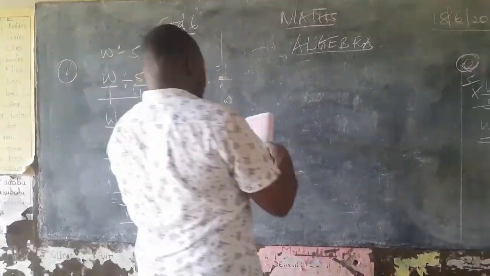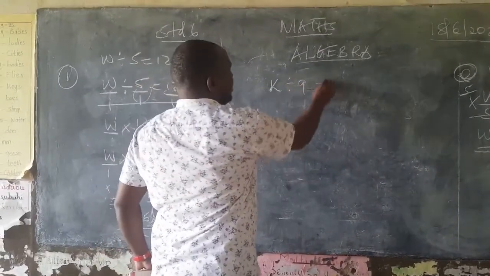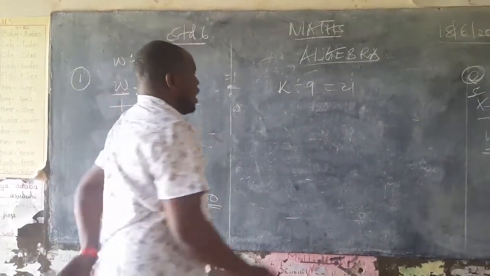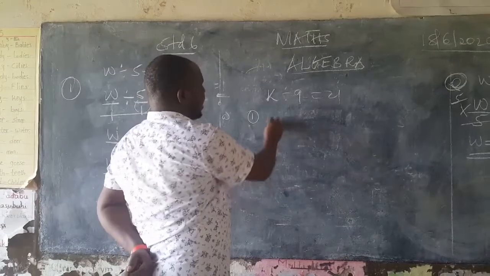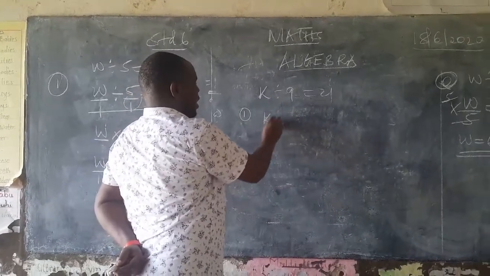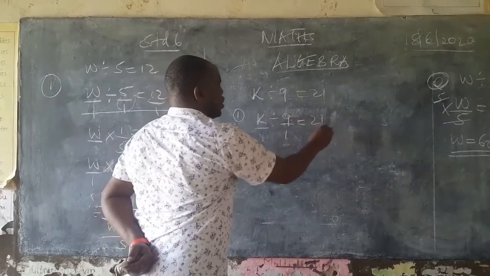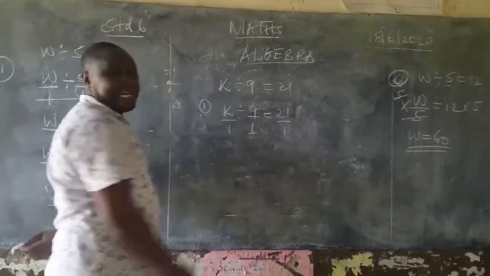So I will write another question. K divided by 9 is equal to 21. How are we going to solve this, learner? We are going to use method 1 first, whereby you are going to say K over 1 divided by 9 over 1 is equal to 21 over 1. After there, we get the reciprocal of the second number.